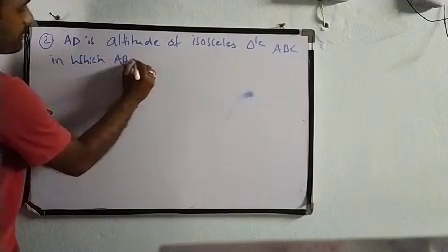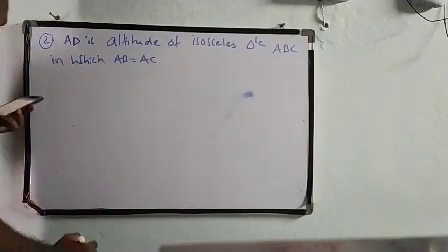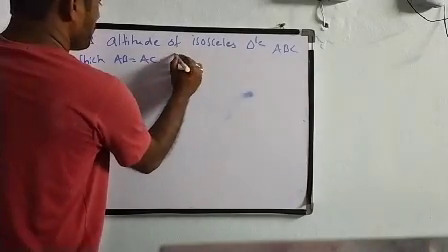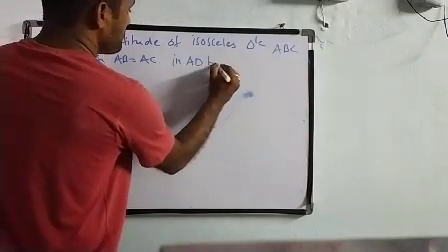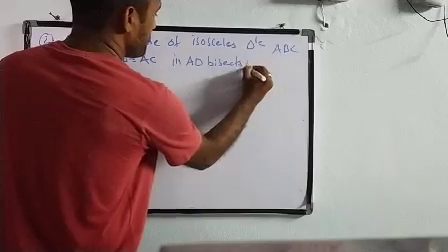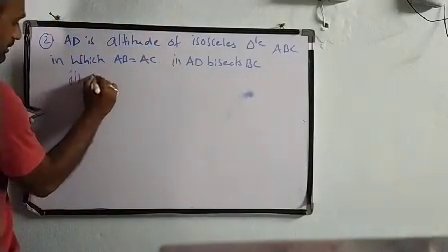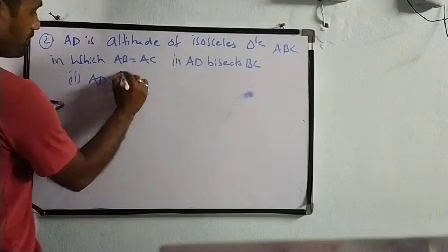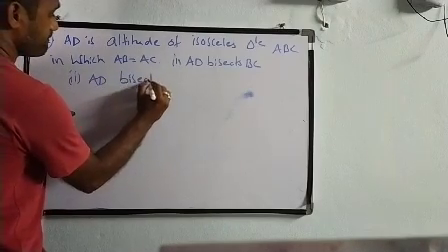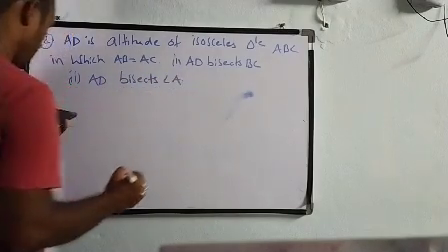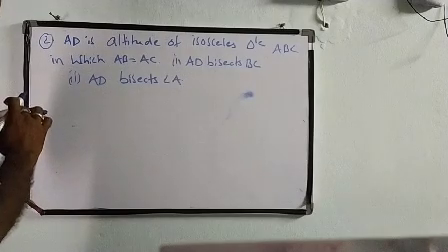We need to show first, AD bisects BC. Second, AD bisects angle A.